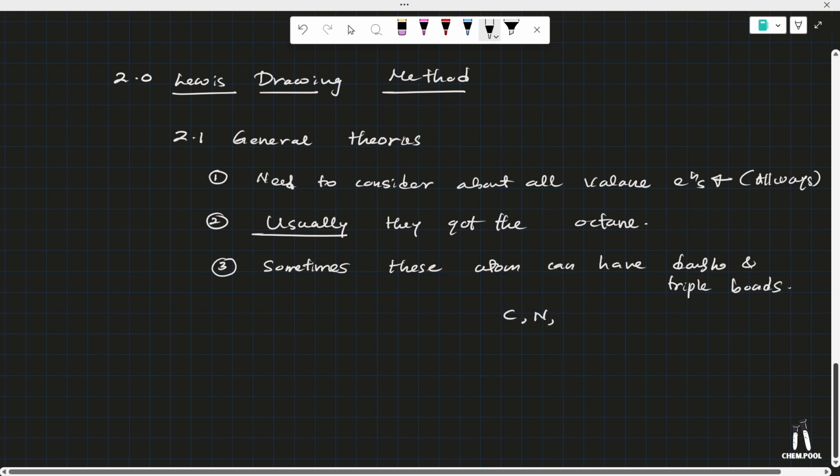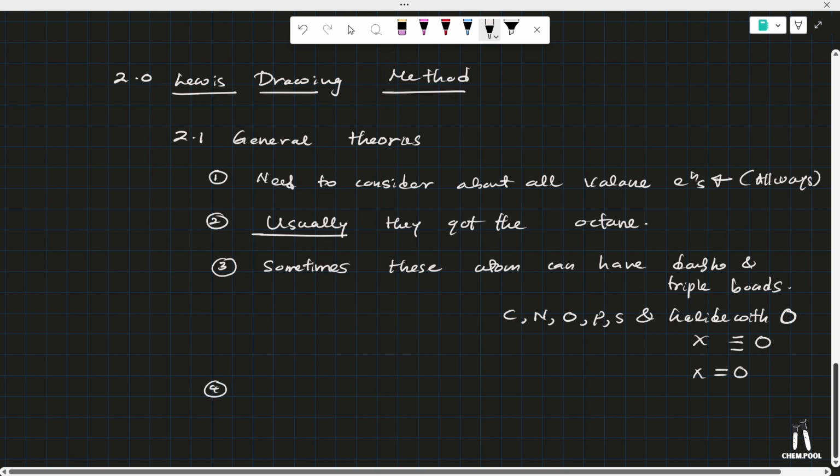Carbon, nitrogen, oxygen, phosphorus, sulfur, and halide with oxygens. I put this X for halide and oxygen, like this, these for these types, right? Then these are the basic theory.